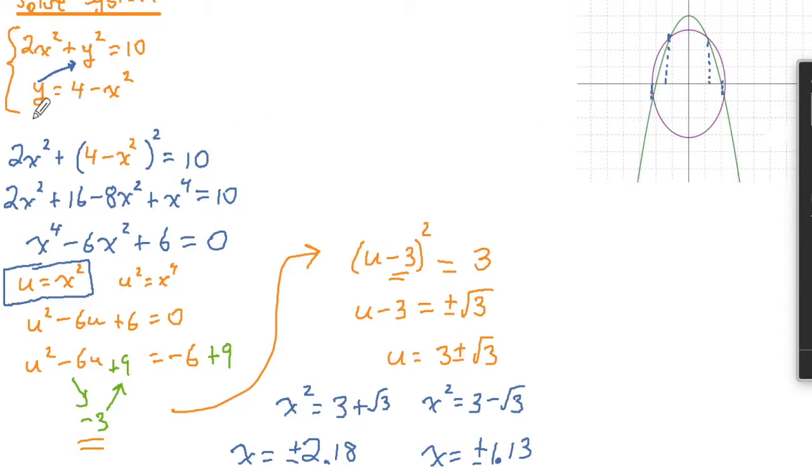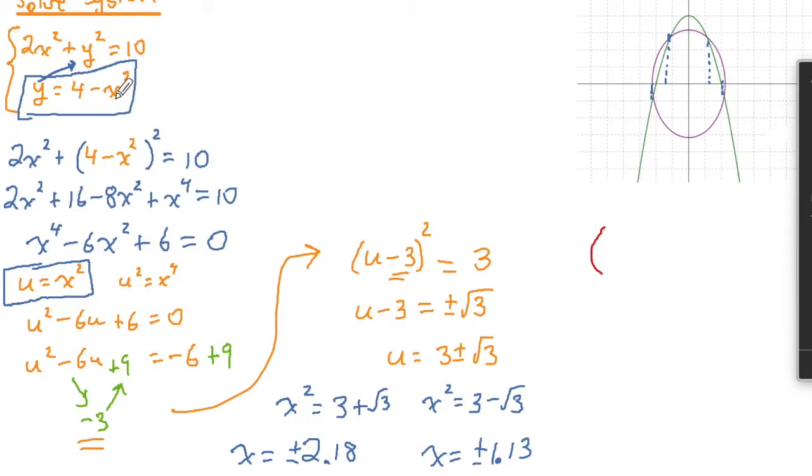Now the easier of the equations to plug into is this one, because y is all by itself anyways. So if I plug all these values into this equation, I'd have to turn around and square these numbers. Now if I square these numbers, I'm back to 3 plus the square root of 3, and then I have to subtract 4 from it. So it'll be 4 minus 3 plus the square root of 3.